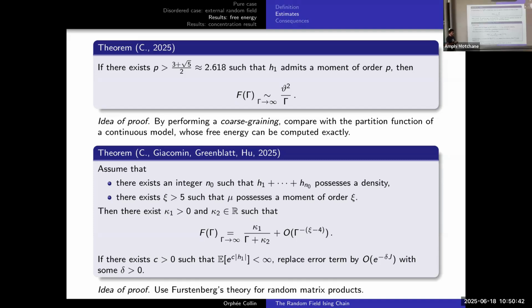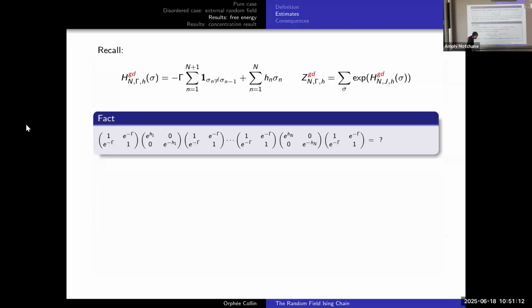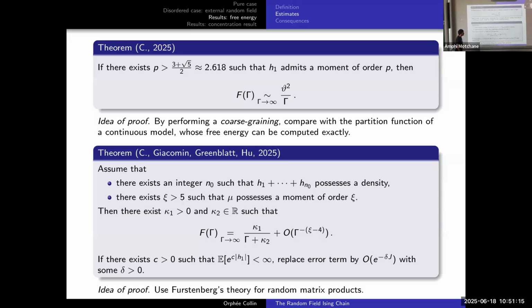And for this continuous model, the free energy is exactly computable, and it has the order 1 over gamma, and so if we perform a coarse graining, we can compare the partition functions of the discrete model and the continuous model. The coarse graining is quite long. It's a full article, but that's the general idea.